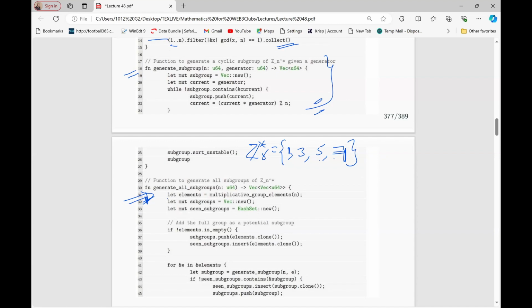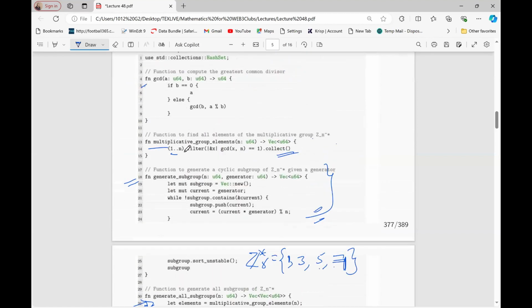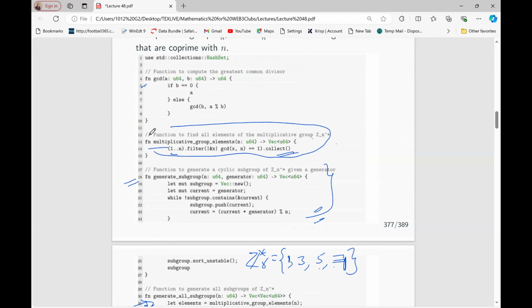At this point, I said, let the elements from the multiplicative group elements. Multiplicative group is this group, the one which had listed the elements which are relatively prime. Is that okay?